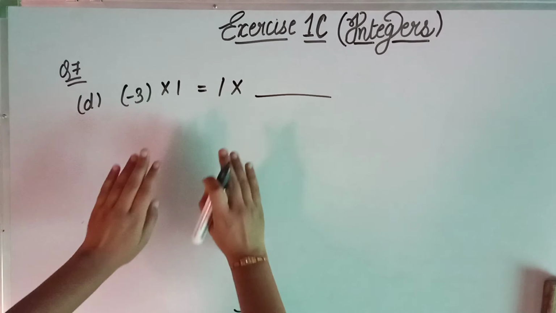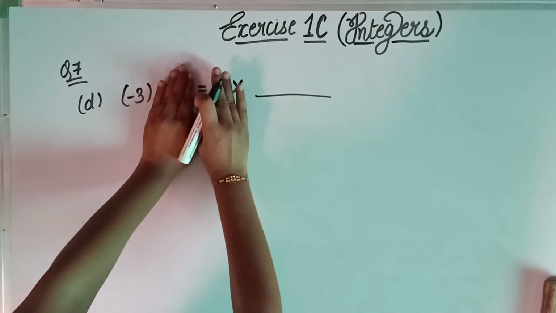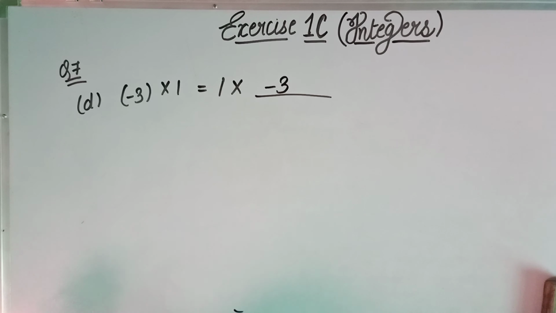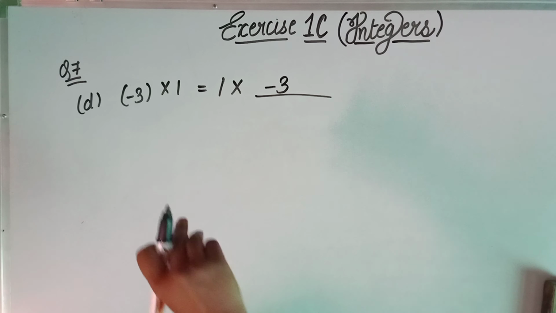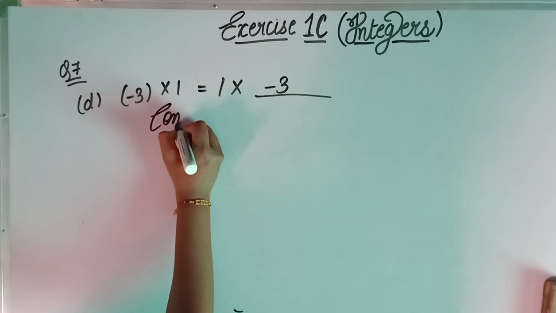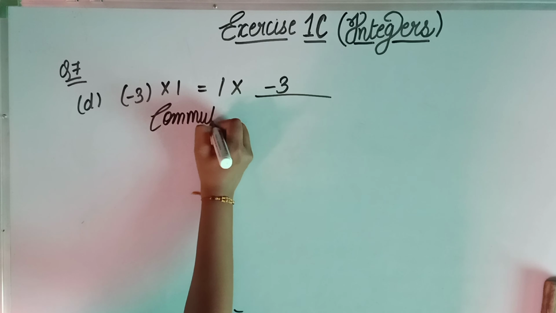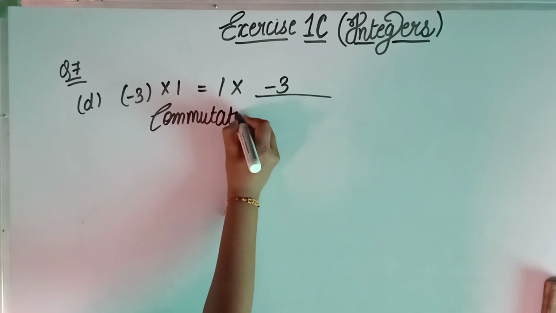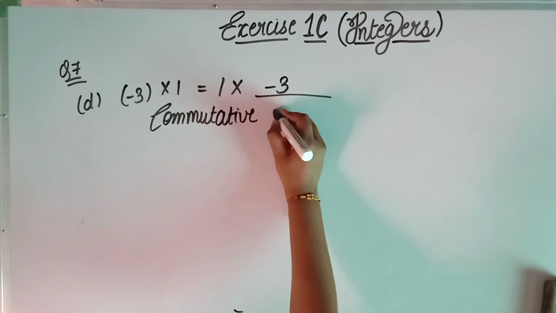Let me hide 1. Which number is remaining? That is -3. So here we need to write -3. And I told you, whenever we have two numbers, the property which is going to be applied is the commutative property, as the numbers are the same but the order is different. So here we need to put commutative property.